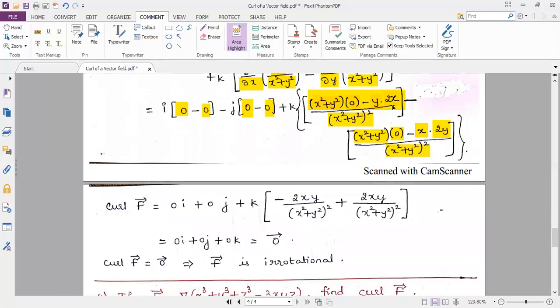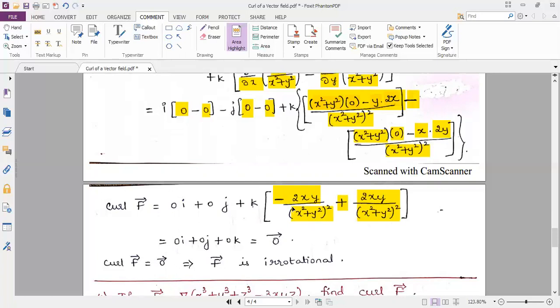So I remain with only minus 2xy in the numerator divided by x square plus y square the whole square. Similarly, the next term is x square plus y square into 0, which is 0. Minus 2xy is being multiplied with the outside minus. So I get plus 2xy divided by x square plus y square the whole square.